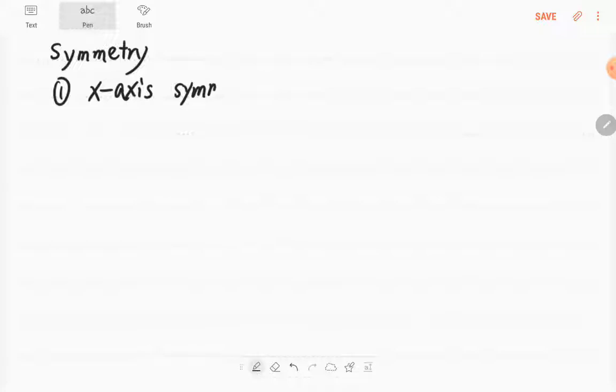The next property about the graph is the symmetry. We have three kinds of symmetry. The first one is called x-axis symmetry. So let's look at the graph.